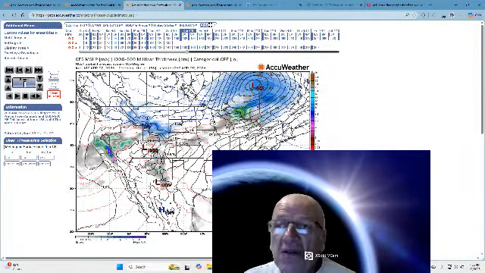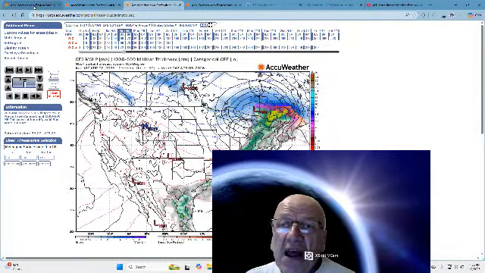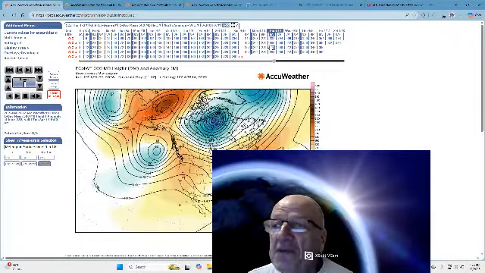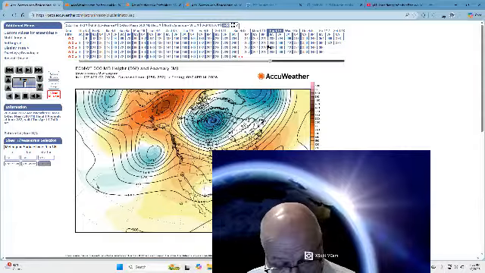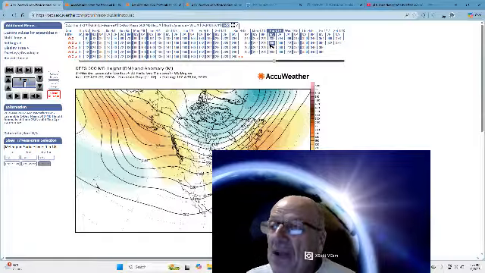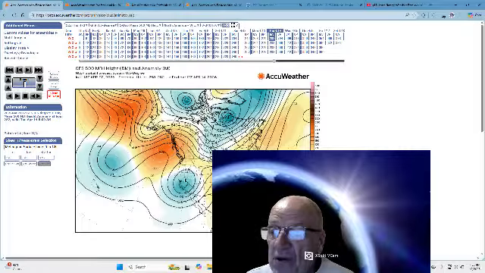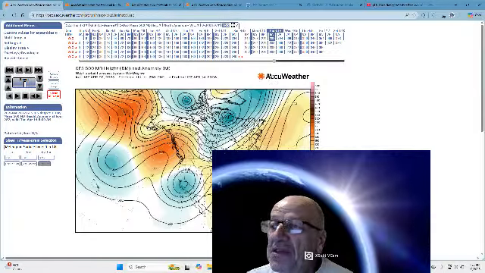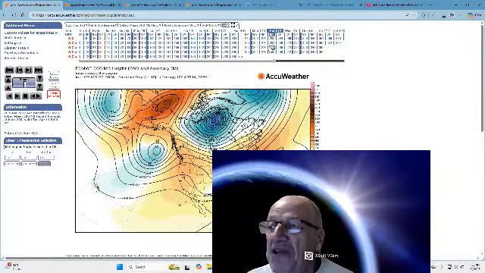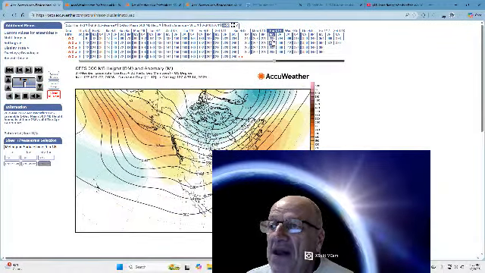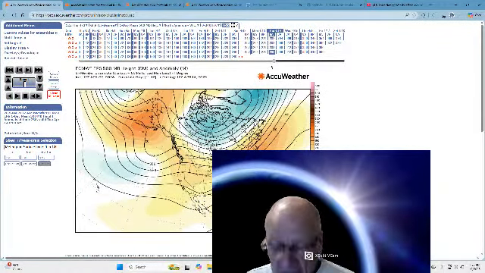Okay, we're going to look at the period now for April 10th to the 14th. And this is what we have here. Generally, then we have an upper low here or a trough here in the west by the GFS. The European has a trough more offshore, a lot slower, and of course the ensembles have a flatter flow.